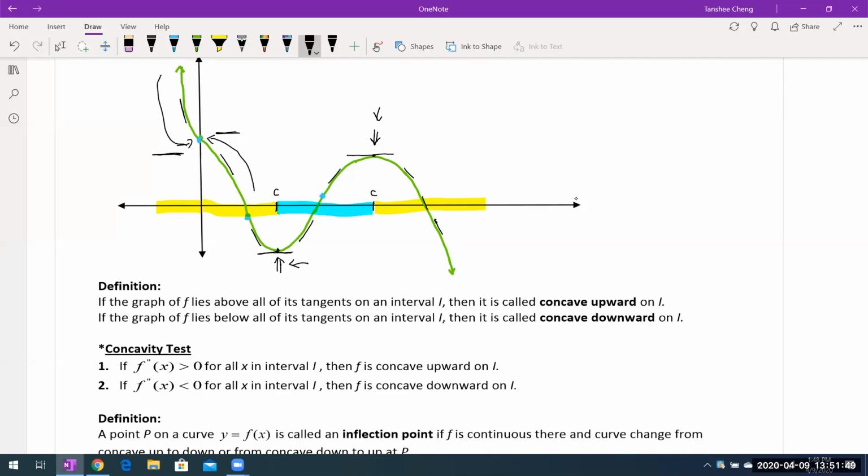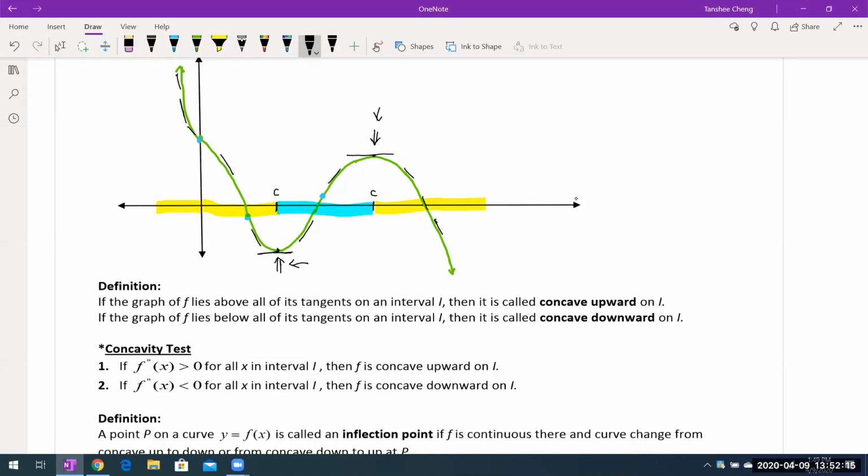So the definition is basically straightforward from what I mentioned. If a function f lies above all the tangent lines on an interval, then we call it concave upwards. You can see right here, on this interval, the graph is always above the tangent line, on top of the tangent line.